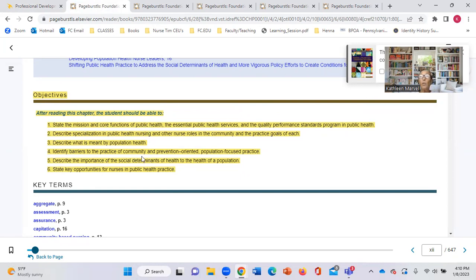Okay, these objectives are what is reflected on exams. They're also reflected on the HESI. And these are the most important objectives for you to get out of each chapter. Okay, so I would encourage you to go to each of these sections and get the answers or do the reading that supports answering these 6 objectives.